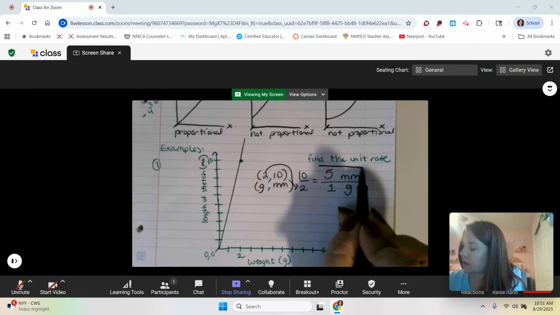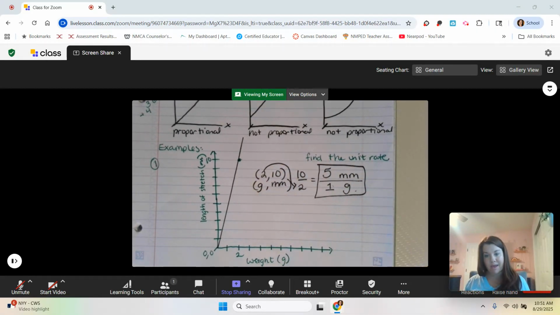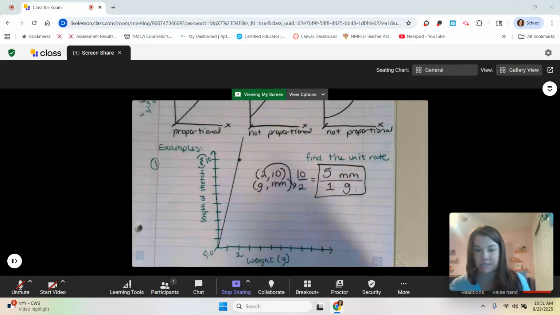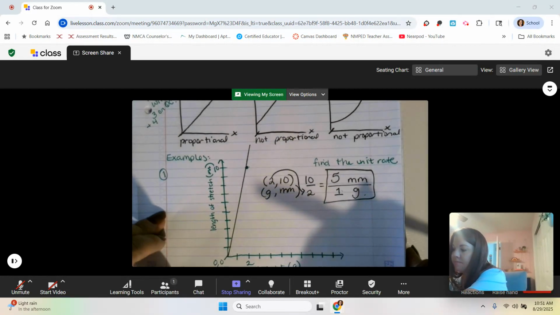So here is your unit rate, 5 millimeters per gram. And I believe on your practice, you only have to enter the number 5. But this is what it's looking for. That's the process that you would take.